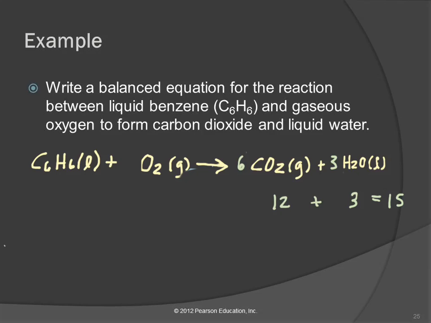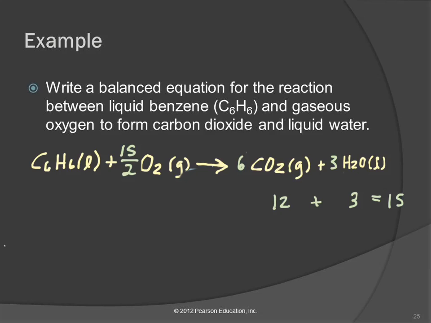Well, what if I multiplied by 15 halves? If I had 15 halves times 2 would give me 15, right? So now this is balanced, but it's got a fraction in it.